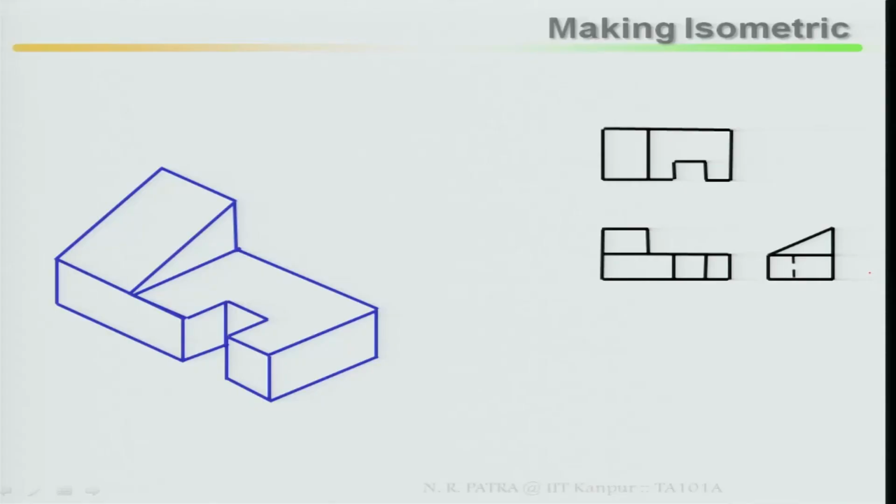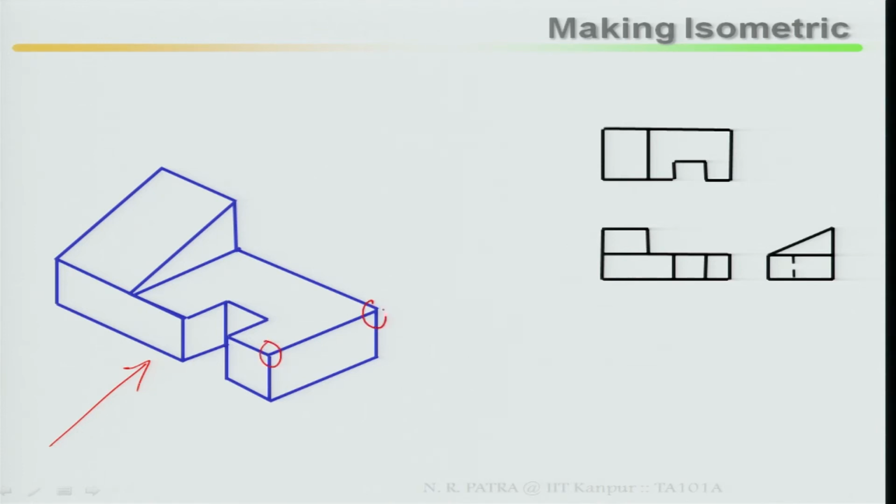Now you can cross-check with your isometric drawing. With respect to your views, there are three views: top, front and side view. So for your front view, you look at this object from this side, and check whether your front view comes out the same or not. If I am looking from this side, what will happen?